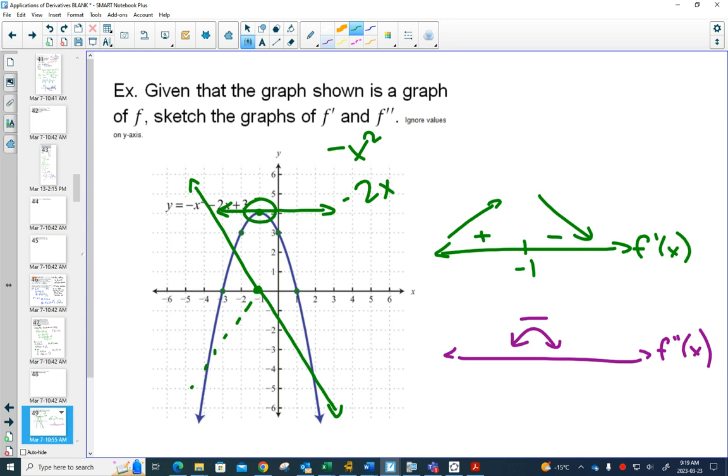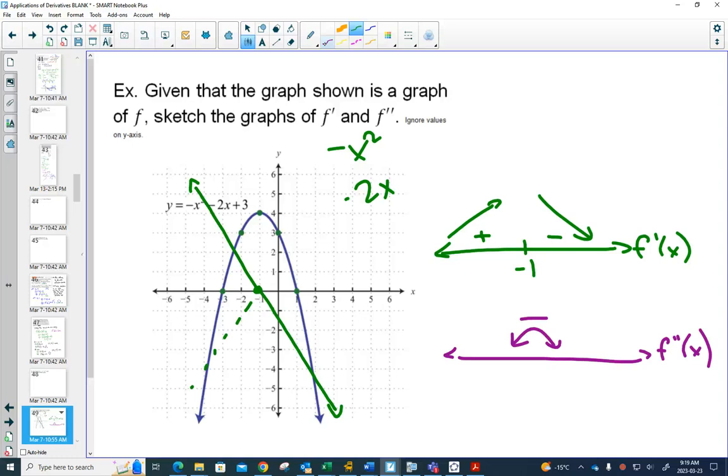anytime you have a graph, all of your maximums and minimums will always be stationary points, right? They will be critical points on this number line. And if they're critical points on that number line, that's where f prime of x was equal to 0. So it's going down. Now our second derivative is always negative.